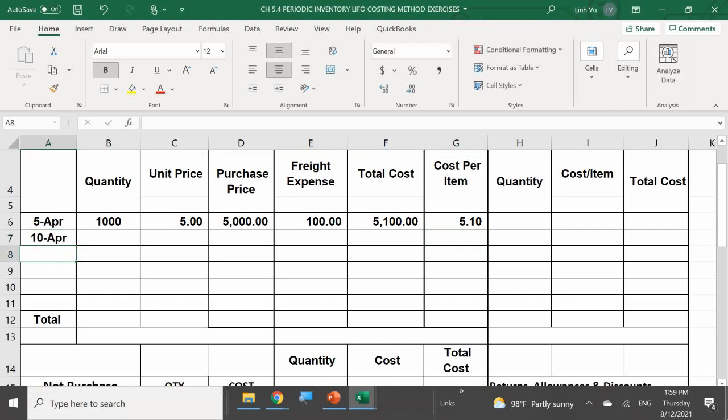It's April 10, 750 at $5.75 with a freight of $75. Okay.